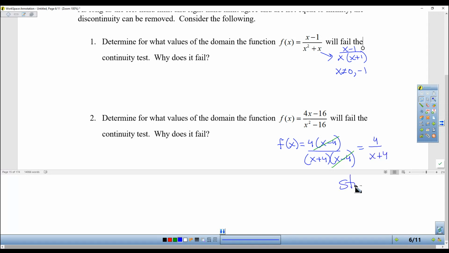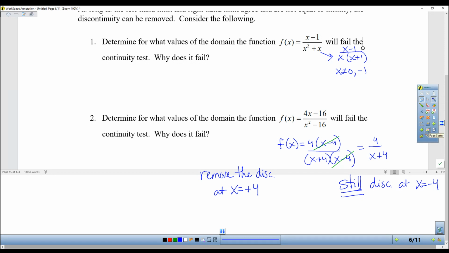It is still discontinuous at x is equal to -4. There's no getting around that. But you can remove the discontinuity at x is equal to +4. So sometimes you can remove part of the discontinuity, but you can't remove all of it. So that's why it fails.